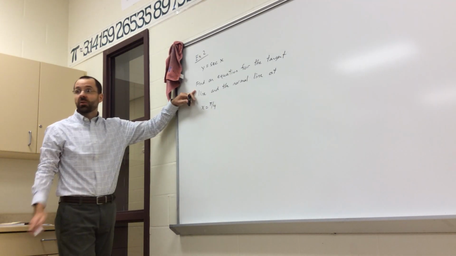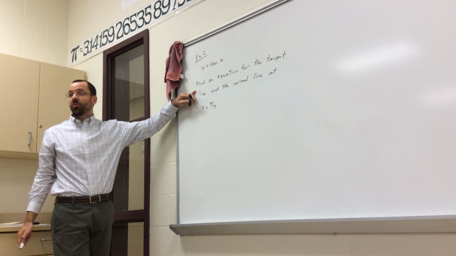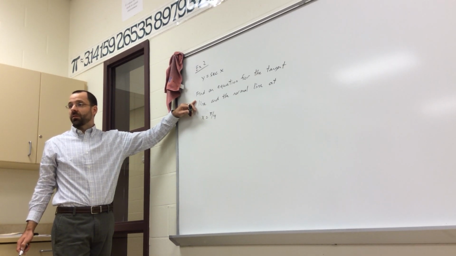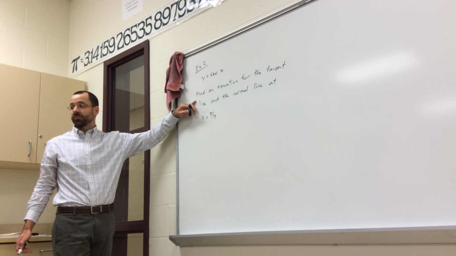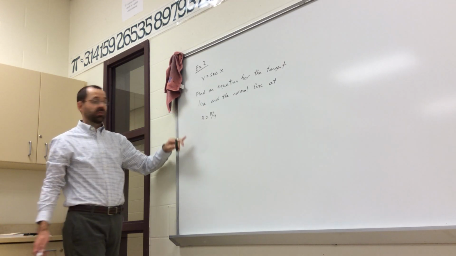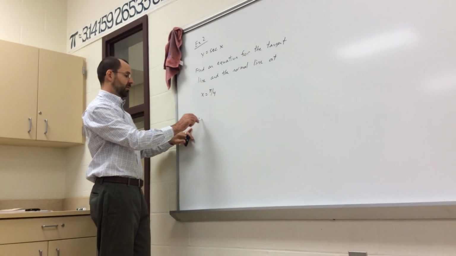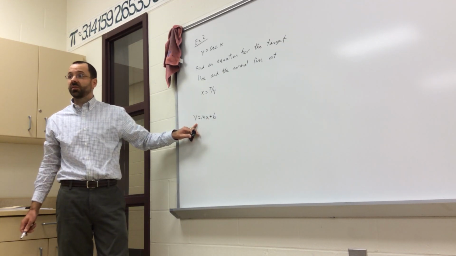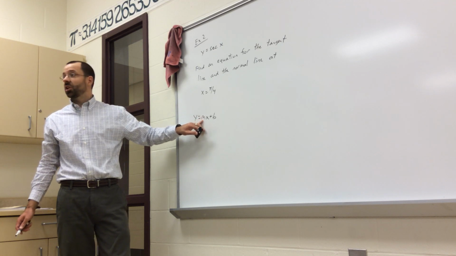Okay, so if we're going to write an equation for a tangent line, what is our final product going to look like? y equals mx plus b, right? Equation of a line. So this is what we're shooting for. But before we can write the equation of a line, we need to know the slope of the line.